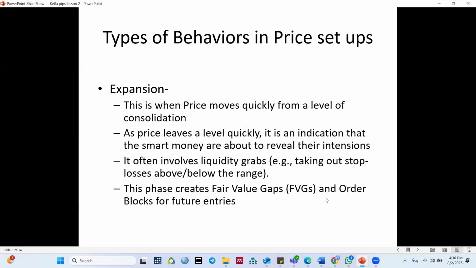The second type of behavior in price action is called expansion. Expansion is when price moves quickly from a level of consolidation.